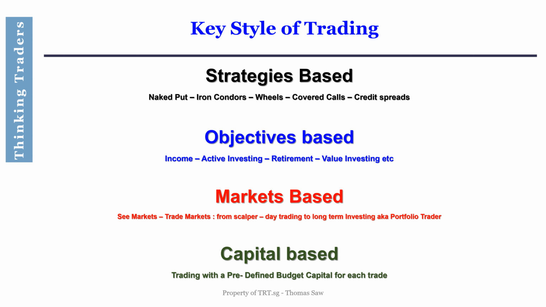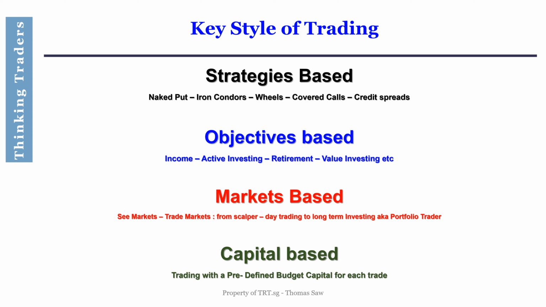So before we go further, this is our key style of trading. I repeat again, I don't care whatever method you use, whatever underlying you use, stocks, futures, options, spot, CFDs, or whatever, it is based on 3 styles of trading. One, strategy based. For example, I trade breakout. That is strategy based. I sell far out-of-the-money puts.